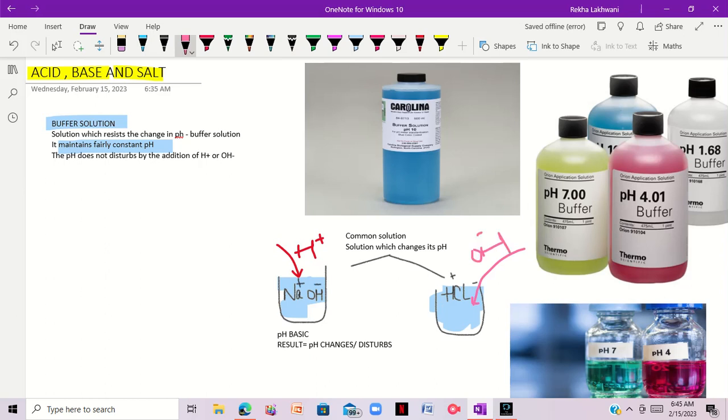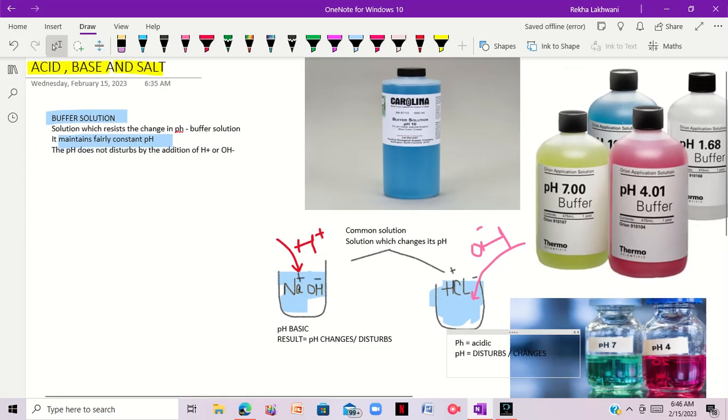The pH was acidic after the dissociation into H ions and chloride ions. But after the addition of OH ions, the pH gets disturbed, or it changes, right?